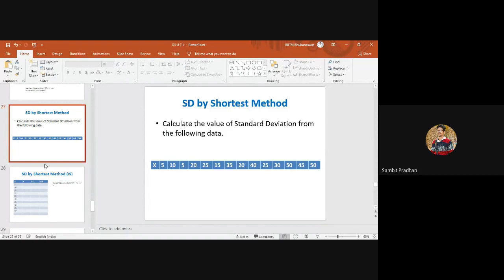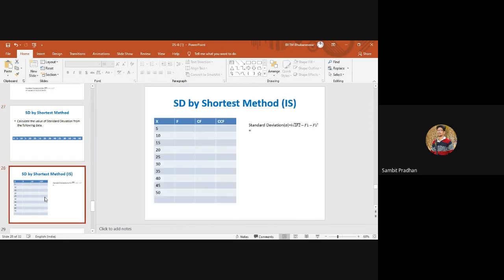Two times. Once, one time there is 35. Once, one time, and 45 appears one time, and it appears two times.